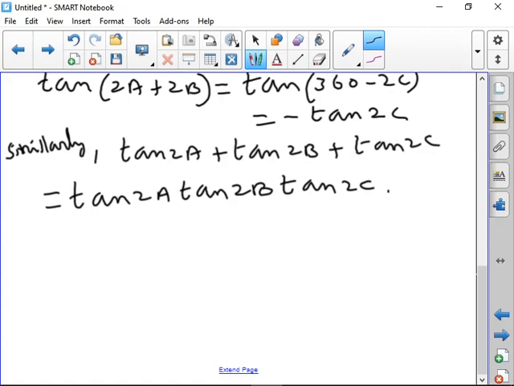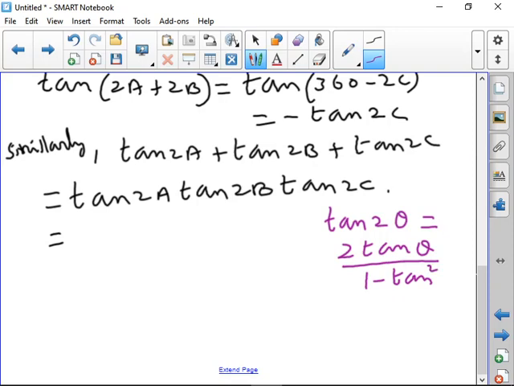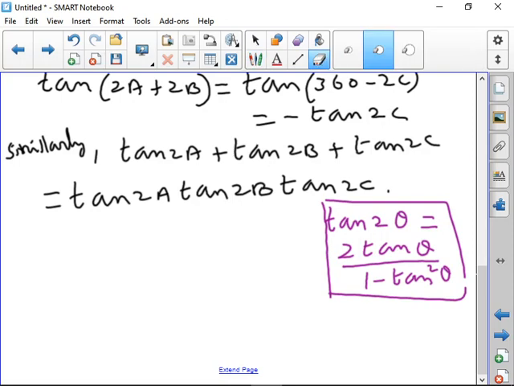Now, what is tan 2a? What is the identity? Tan 2 theta is equal to 2 tan theta by 1 minus tan square theta. Okay, this is a trigonometric identity. So we are going to use this now.